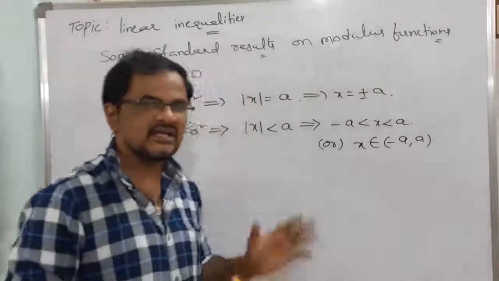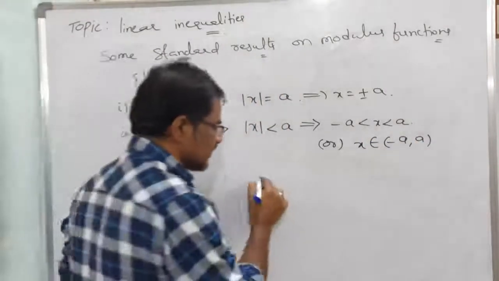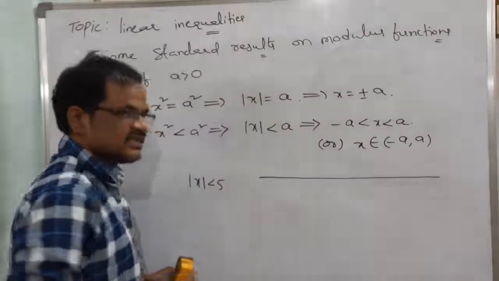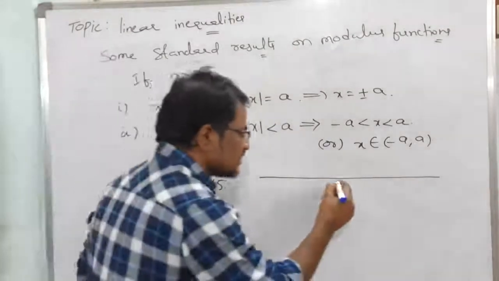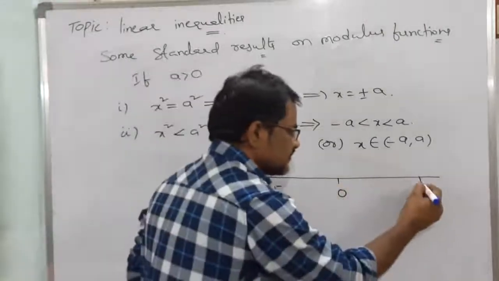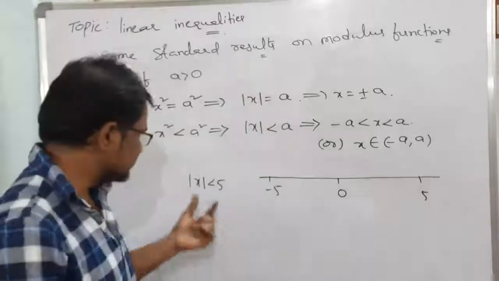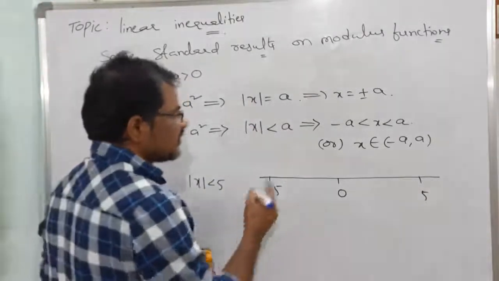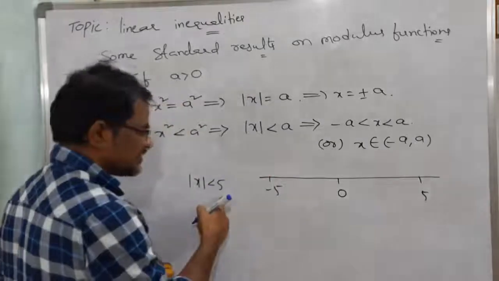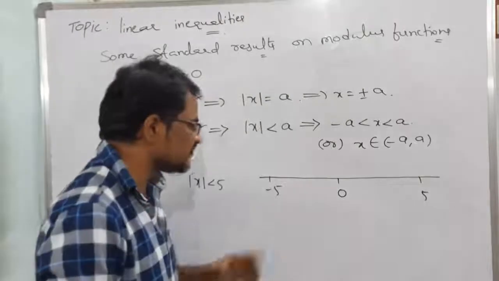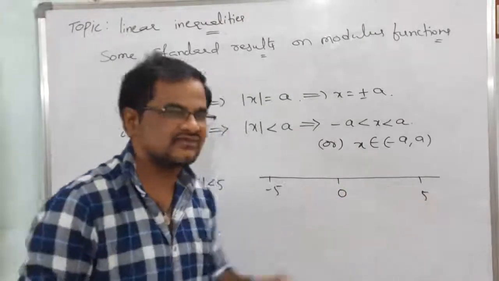So what is the meaning of this condition? Suppose mod x less than 5 is there, right? Here the origin is there, here minus 5 is there, and here plus 5 is there. Modulus is nothing but distance, right? So mod x less than 5 means x is located within a distance of 5 units from the left and right side of the origin.